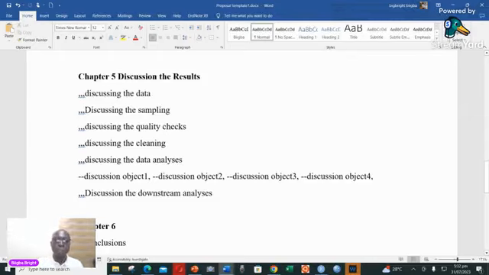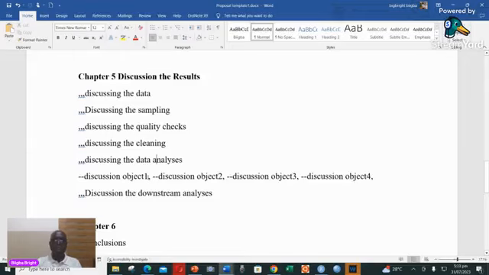You also follow the same thing. You discuss the sampling. You can discuss the quality checks. Maybe this part may not be too necessary, so you can just throw in maybe 5 lines and that will be okay. Where you need to discuss extensively is where you are discussing your objective 1 and what came out of it. Here, some people prefer that you put subtopics, and the subtopic will have something to do with objective 1. Then you come down there, the results for objective 1 are already out, and you discuss that particular result.